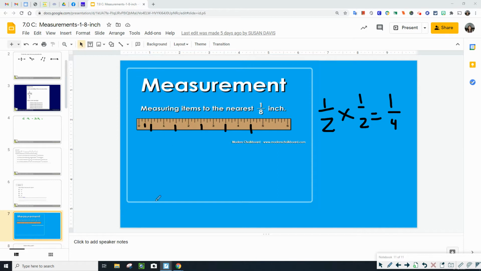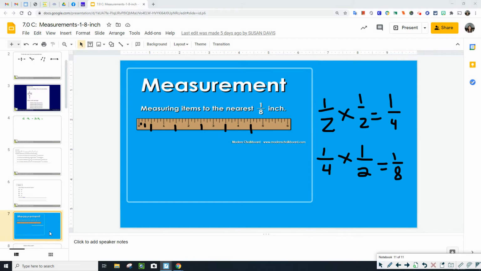Now I can do half of a fourth, which would be a fourth times 1/2, and that equals 1/8. Halfway in between the fourth and the whole number is your eighth. So it's going to be every other line, because this would be 1/8, and then 2/8, 3/8, and then 4/8, and on and on. We're going to add eighths as we go.